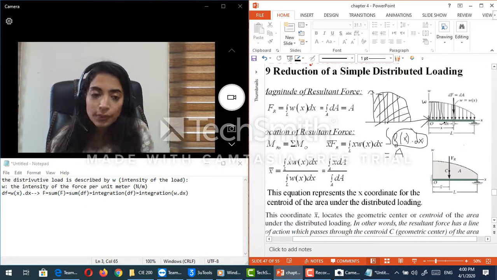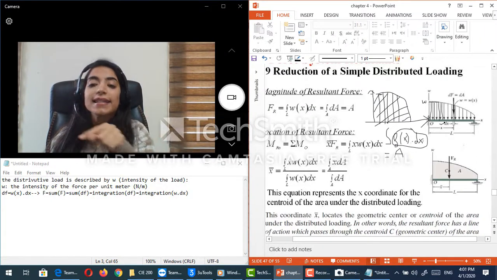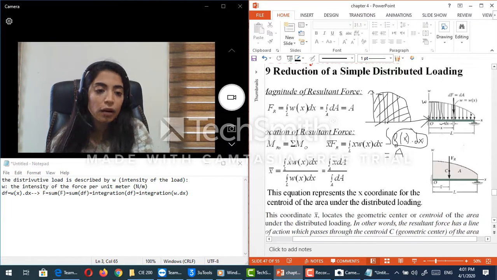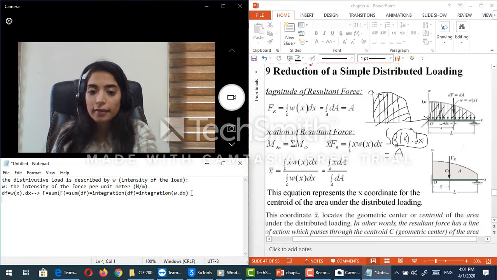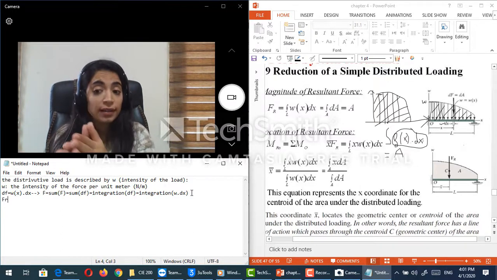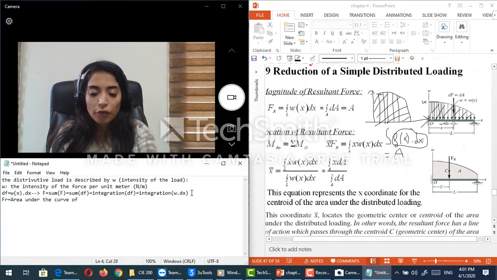Which means guys that the integration of omega dx is nothing but the area under this curve. And from here comes this important relation that states that F resultant of a distributive load, either it is uniformly distributed or not, is nothing but the area under the curve of the intensity omega versus x.